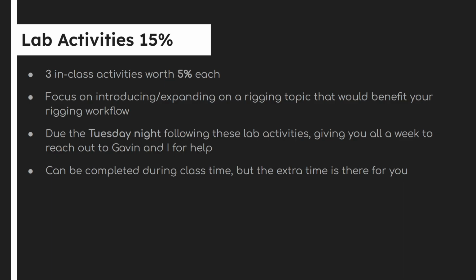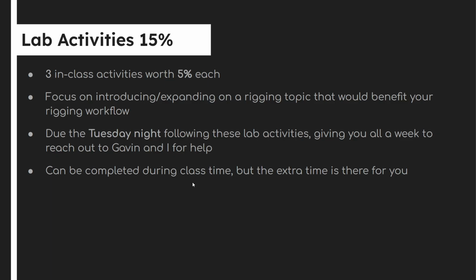The main thing is that we're going to be trying to complete this during class time, because I don't think you would want extra homework. So these should hopefully be quick enough where you can finish in class time, if not a little later. These are going to be focusing on some simple part of your rig.